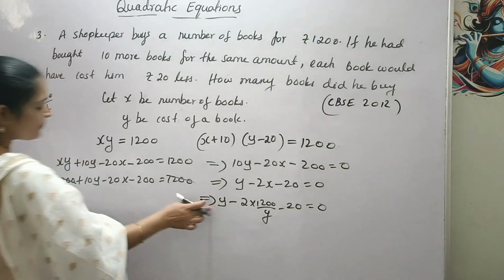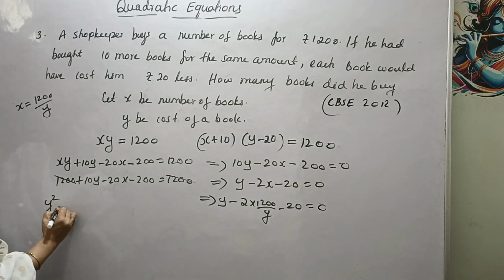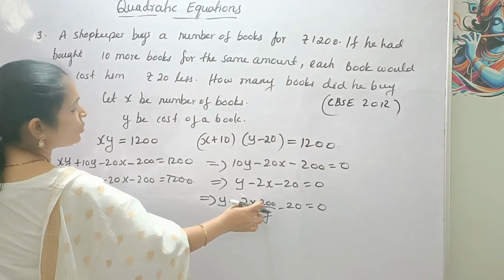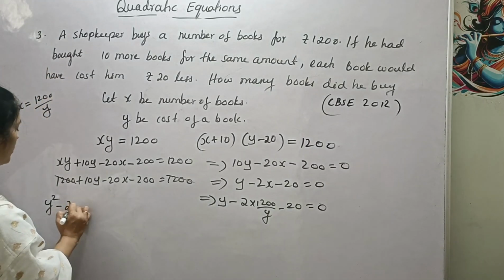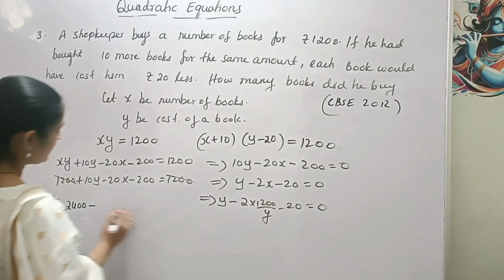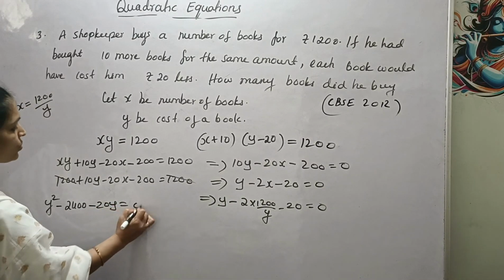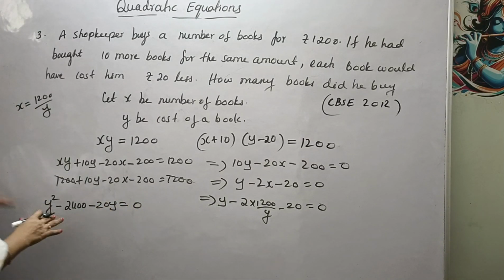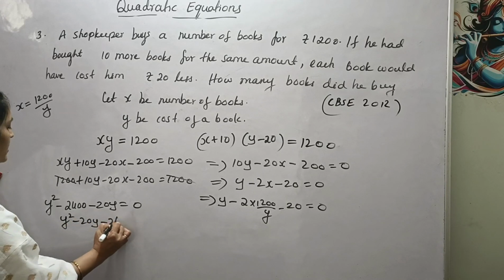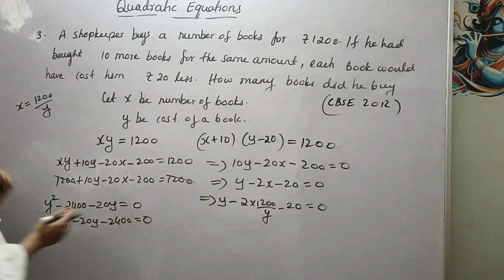Take LCM, cross multiply: y square minus 2400 minus 20y is equal to 0. That is, y square minus 20y minus 2400 is equal to 0. It is the quadratic equation we have got.